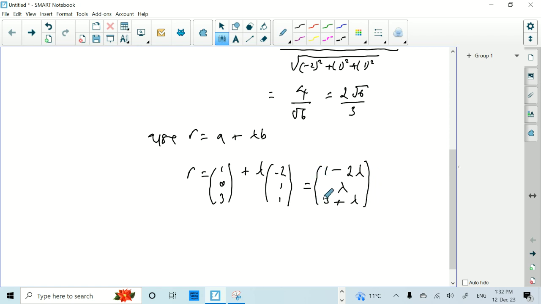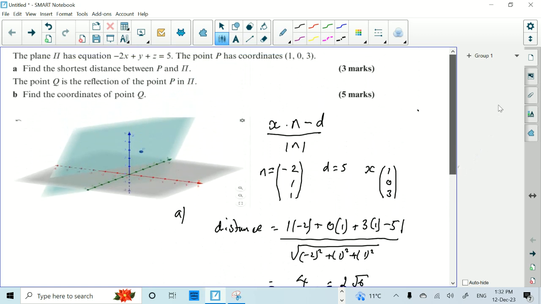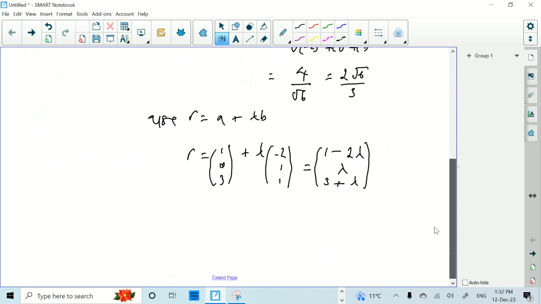Now, I'm going to take that and multiply it by minus 2, 1, and 1, which is our directional vector given back, which is now the plane. That's the coefficients of the equation of the plane.